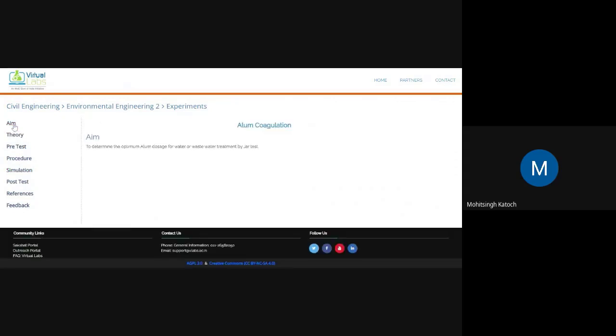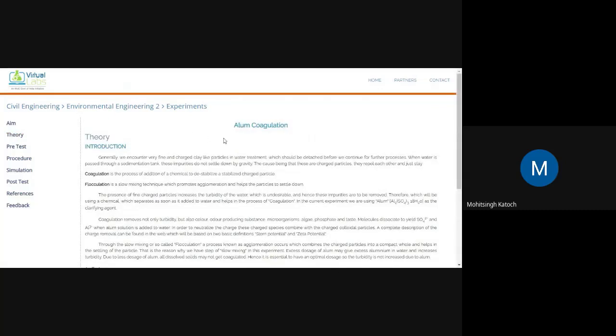So coming on to the aim. So aim of this experiment is to determine the optimum dose of coagulant for water or wastewater treatment by using jar test. So we will see the theory of this practical in short. So alum coagulation.